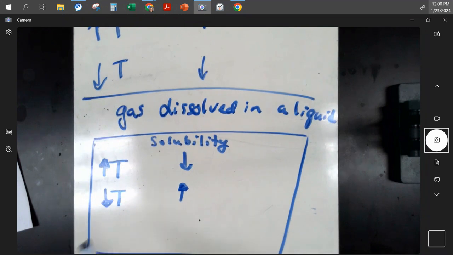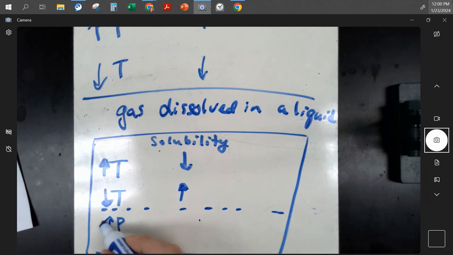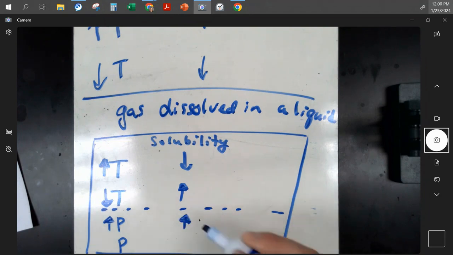Okay. The other thing that we have to think about for gases is pressure. And this is where you can use your intuition with pop bottles. So if you increase the pressure of a system that has dissolved gas, what do you think will happen to the solubility? Yeah, it increases. So if you think about your pop bottle and you open the pop bottle, you're releasing a whole bunch of pressure.